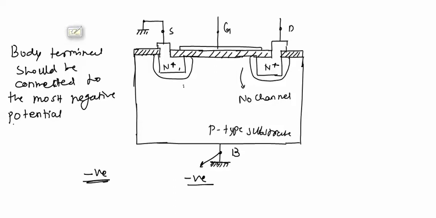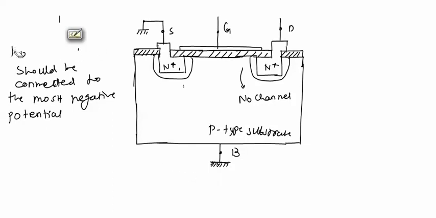So if we have some negative potential, then connect this body terminal to this negative battery, so that we will ensure that there is no positive potential difference between source and body terminals.